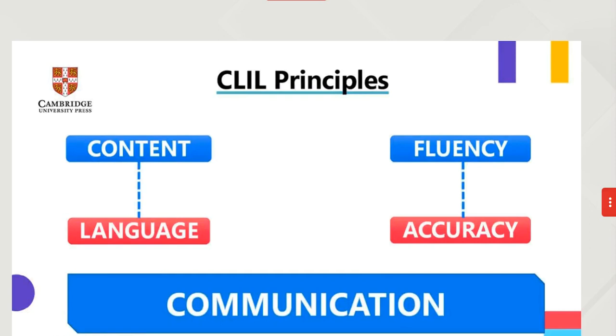As we all know, making mistakes is a natural process in language learning. Language doesn't have to be accurate to be communicative. CLIL exposes our learners to situations which call for genuine communication. So the focus is very much on fluency and on communication.